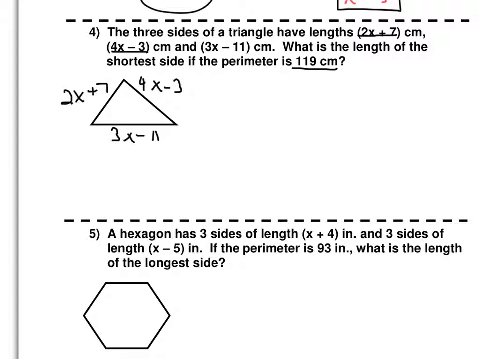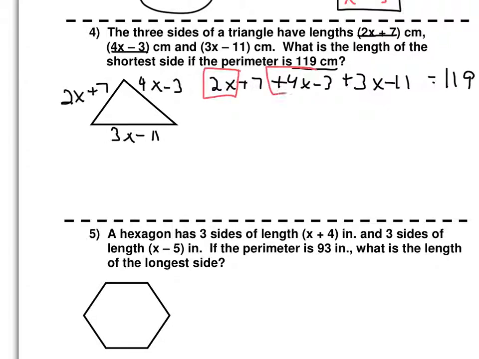So we're going to add all the sides together. So 2x plus 7 plus 4x minus 3 plus 3x minus 11 equals 119. Now I combine like terms. So I have a 2x plus a 4x, that makes 6x, plus a 3x, that makes 9x.